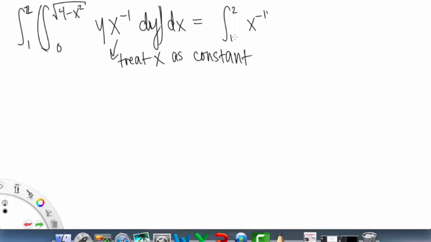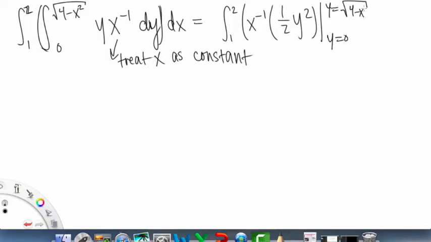And then when we integrate with respect to y, we get 1/2 y squared, and y is going to range from 0 to 4 minus x squared. Okay, do I have enough parentheses, and dx is on the outside.